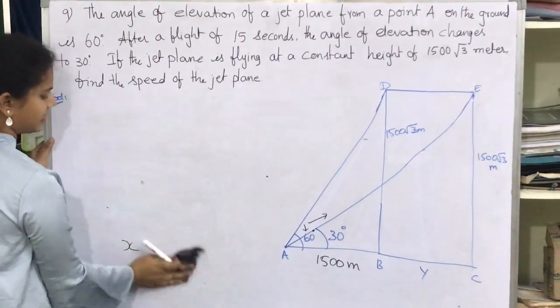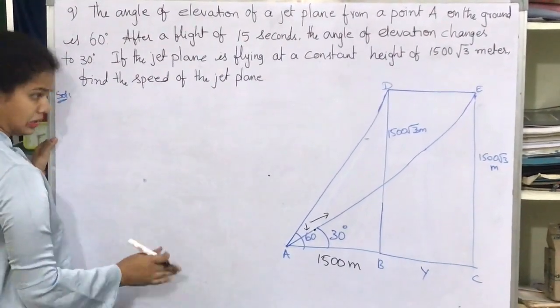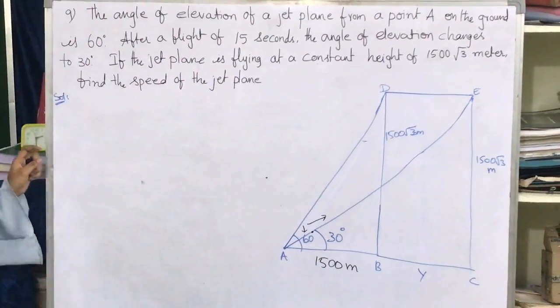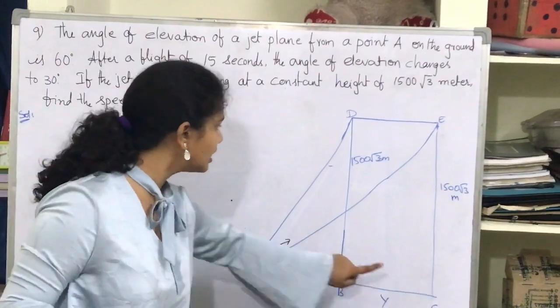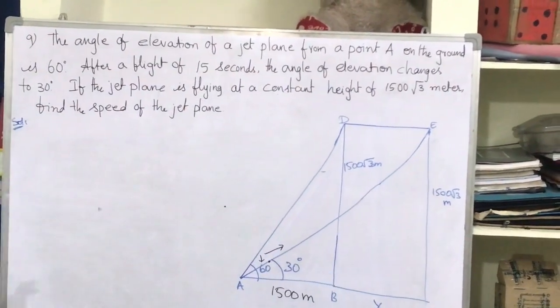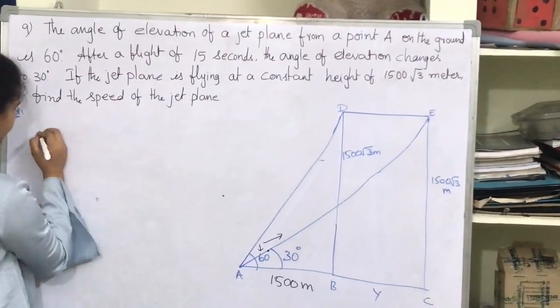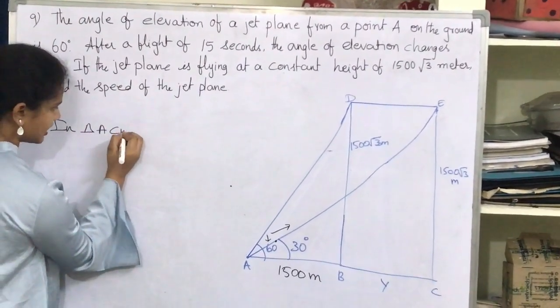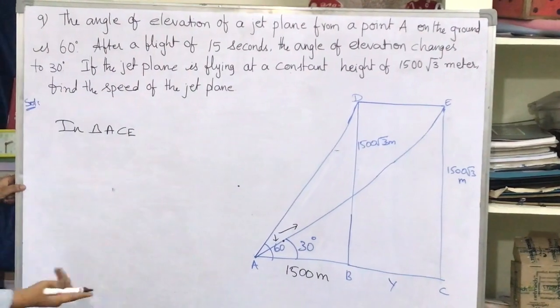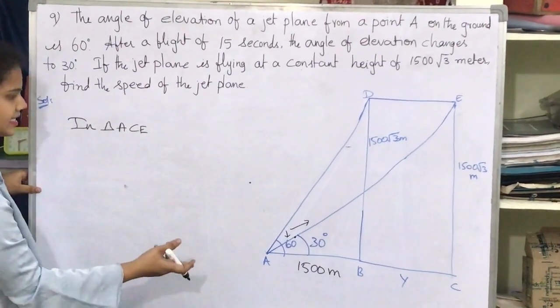To find the value of y, let's consider the second triangle. Here you have the second right angle triangle ACE. Now in triangle ACE, again consider opposite side by adjacent side.